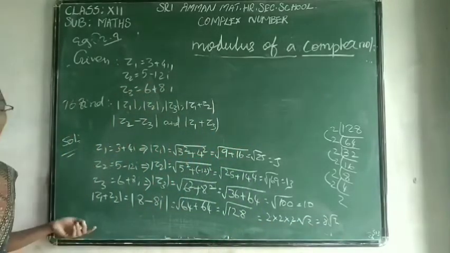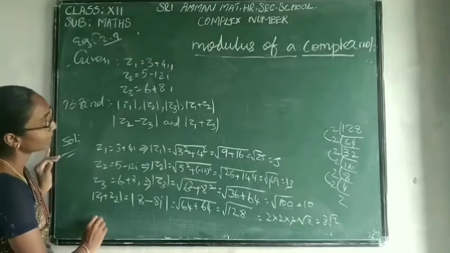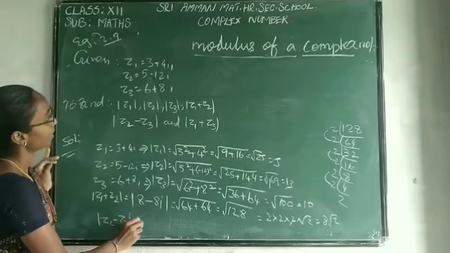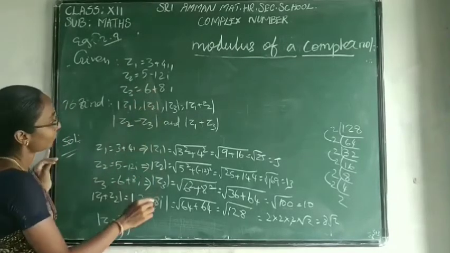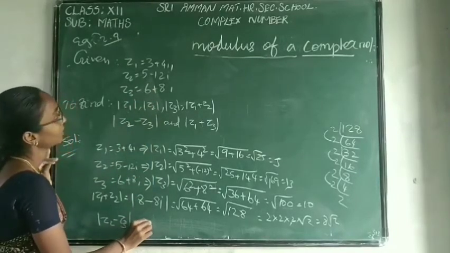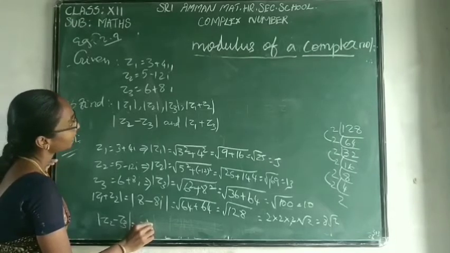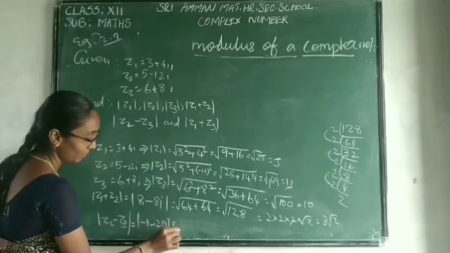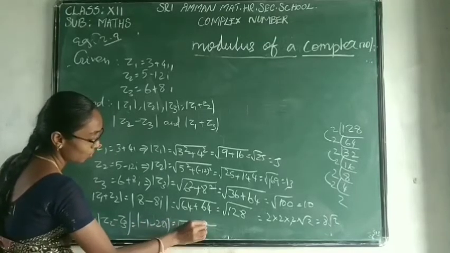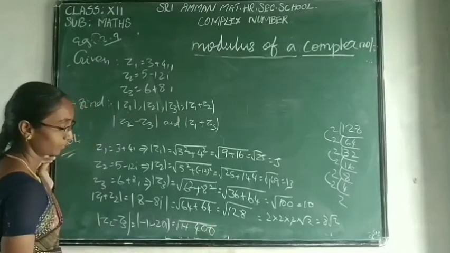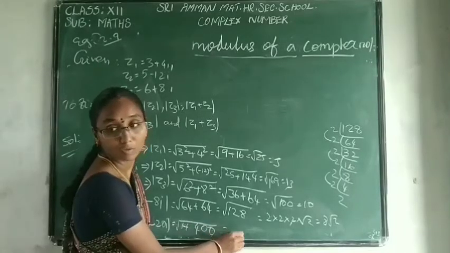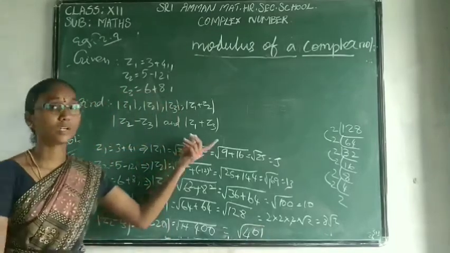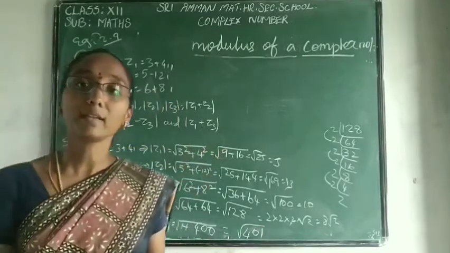Then modulus of z2 minus z3. Subtracting, 5 minus 6 is minus 1, and minus 12 minus 8 is minus 20. We get root of 1 plus 400, so root 401. In the same manner, you write for z1 plus z3.